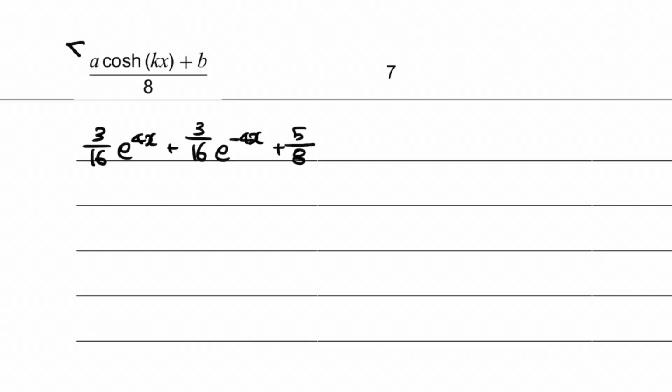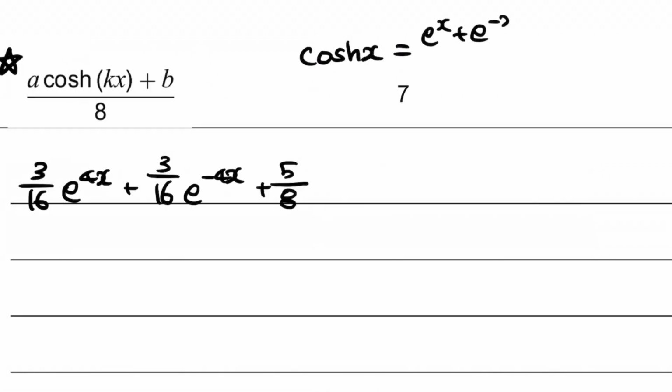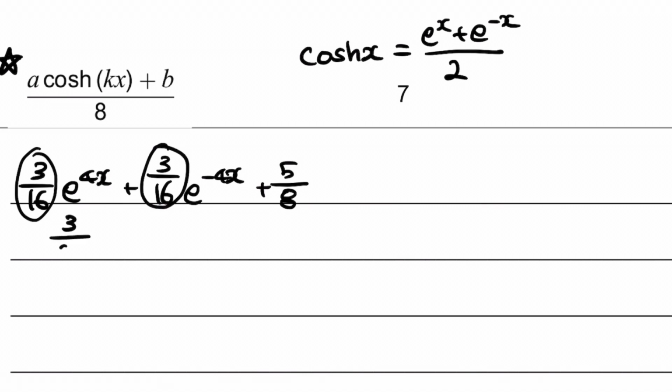Now the question wants this form, the cosine hx kx form. We're gonna make something similar to cosine hx exponential form, which is e to the x plus e to the minus x all over 2. In order to make that form, we're gonna combine these first two terms by bringing 3 over 8 out, and then what remains is e to the 4x plus e to the minus 4x over 2.